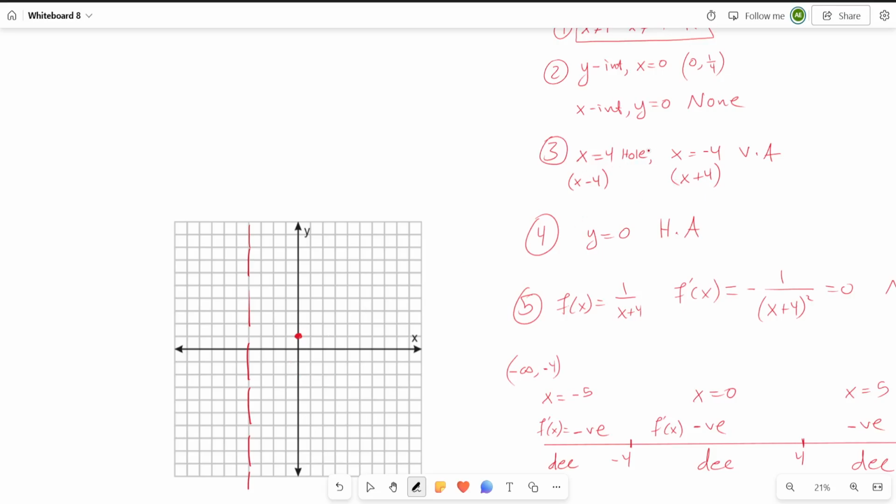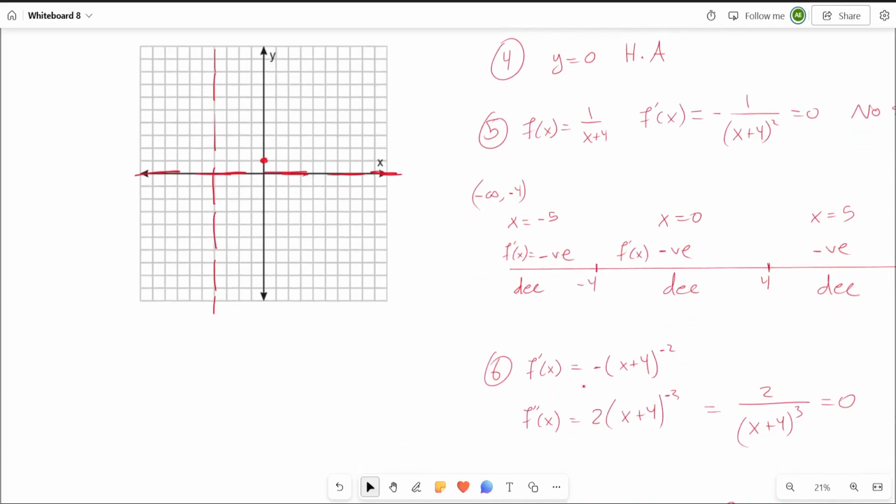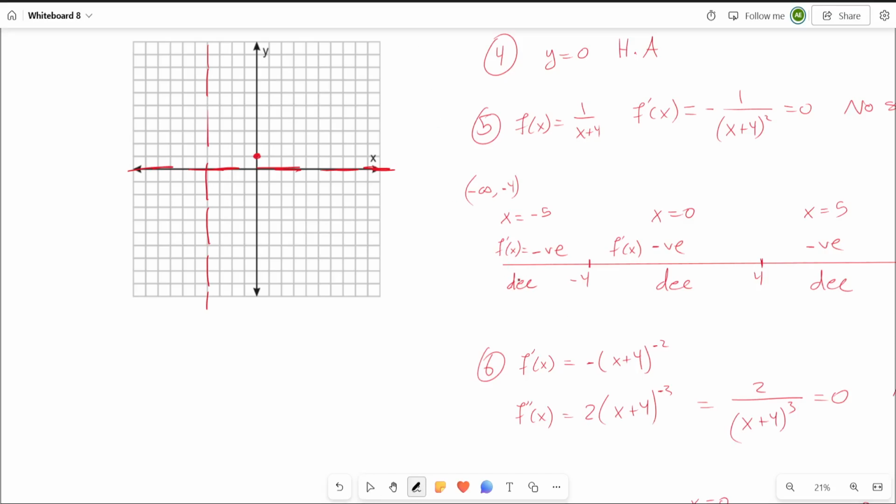We know that we have a horizontal asymptote at y equals 0, which is basically the x-axis. So this is a horizontal asymptote over here. Now, I know from this number line that I will have a decreasing function before minus 4.